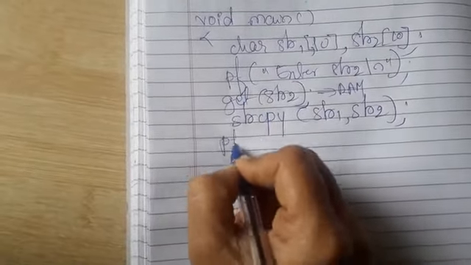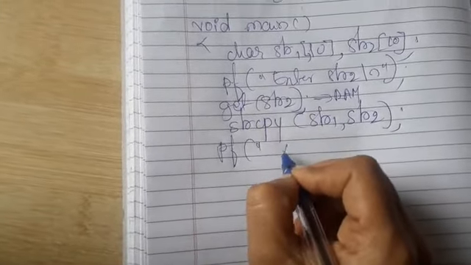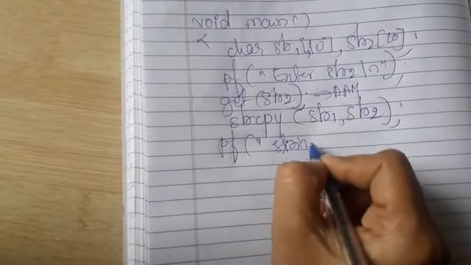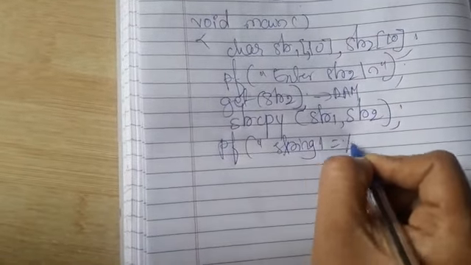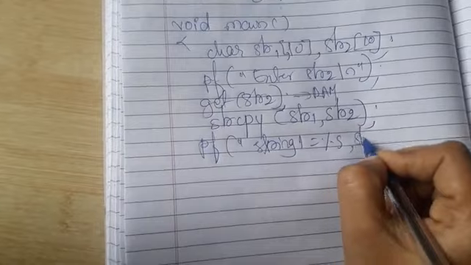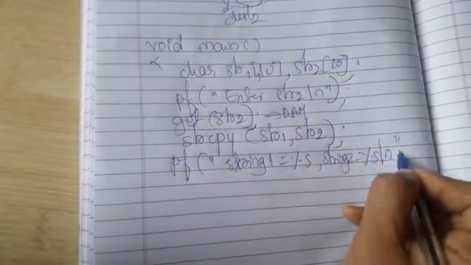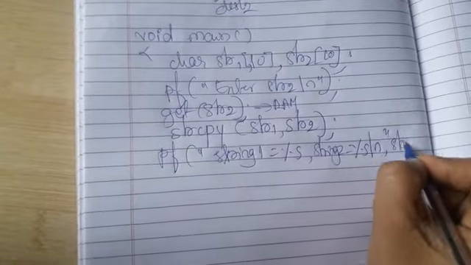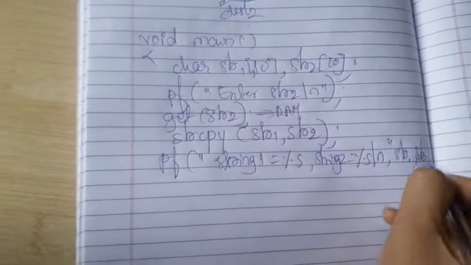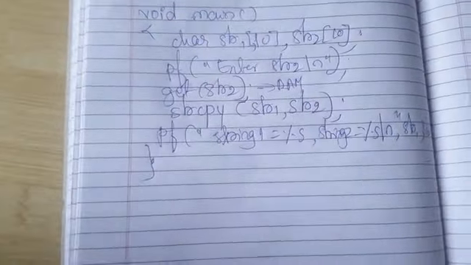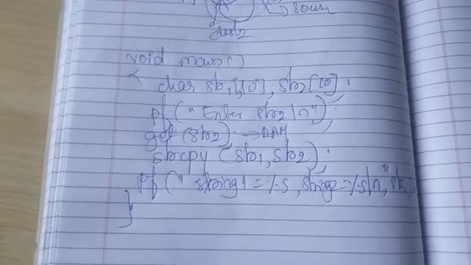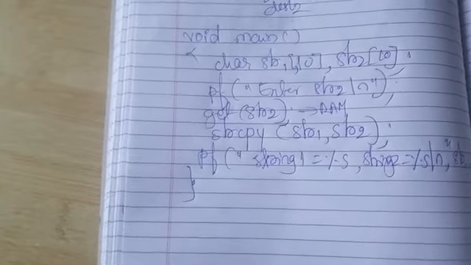print, you print. In short, I will be writing printf string 1 is equal to %s, string 2 is equal to %s, that is str1 comma str2. See here, I have not read any input for str1, but the output you will be getting is what?